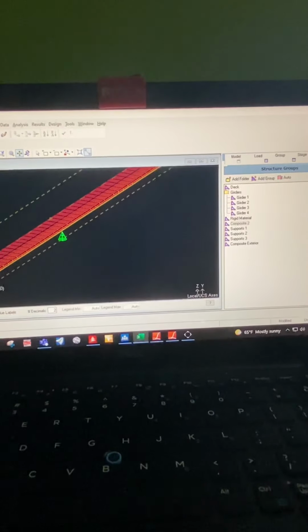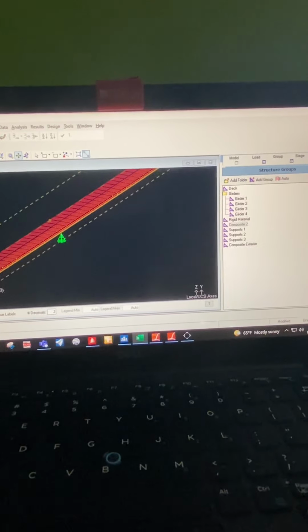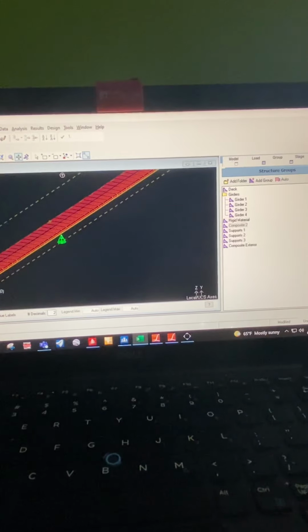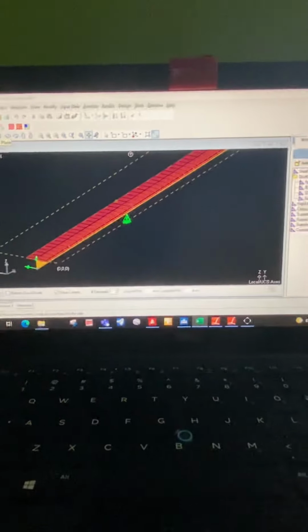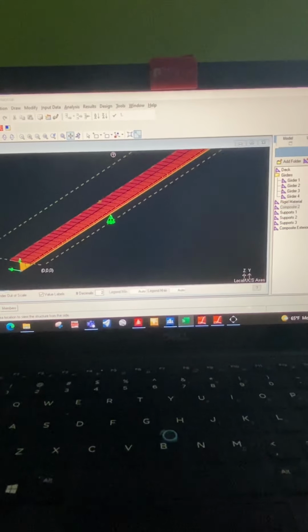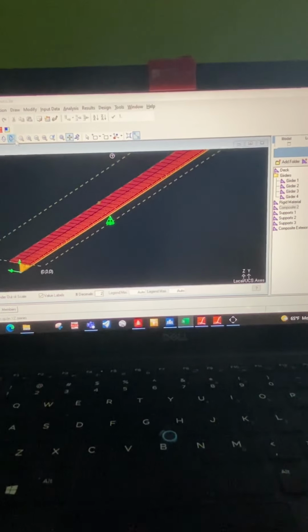I have not really shown you how I developed all the geometry, but this video is just for a comparison between a 3D and a 2D analysis.